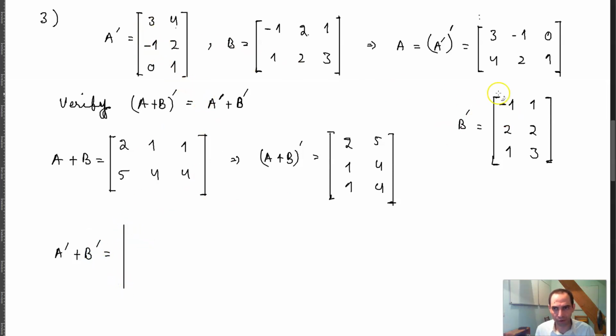So I have 3 plus negative 1 is equal to 2, 4 plus 1 is equal to 5, negative 1 plus 2 is equal to positive 1, 2 plus 2 is equal to 4, 0 plus 1 is equal to 1, and 1 plus 3 is equal to 4.